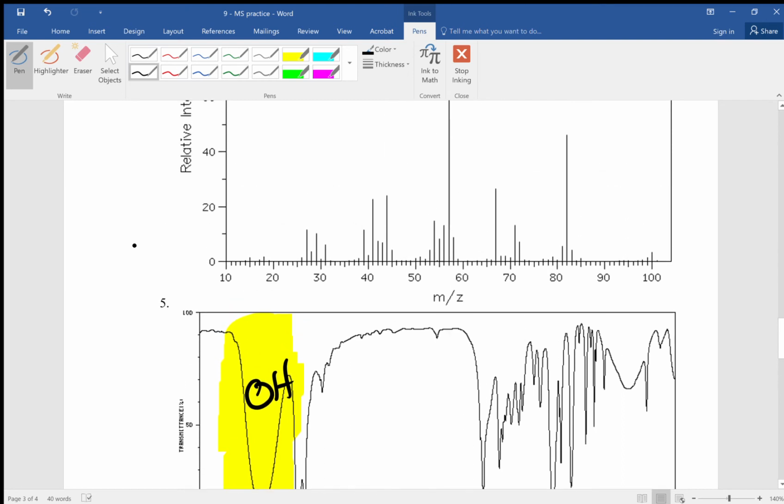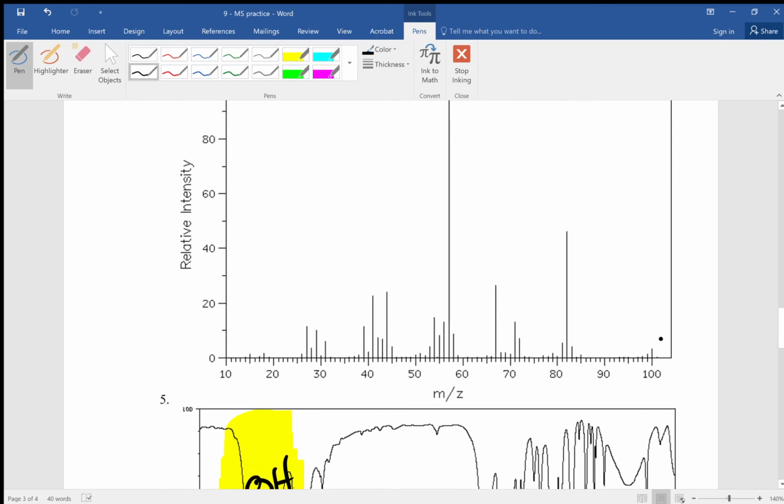Now, if we go up to our mass spec, we see our highest peak here is at 100. But who recalls what we said already about alcohols? We said about alcohols that they fragment very easily. And they fragment in such a way that they usually lose 18.